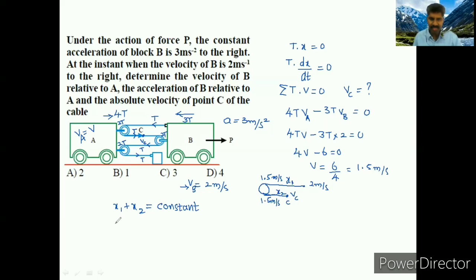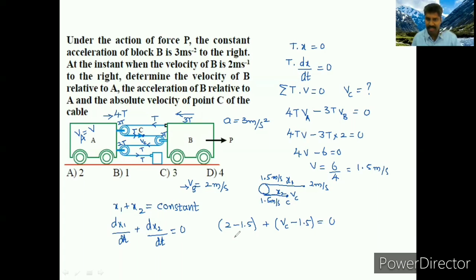Here I am differentiating: dx1 by dt plus dx2 by dt is equal to 0. So in the first case, 2 minus 1.5, plus this VC minus 1.5 is equal to 0.